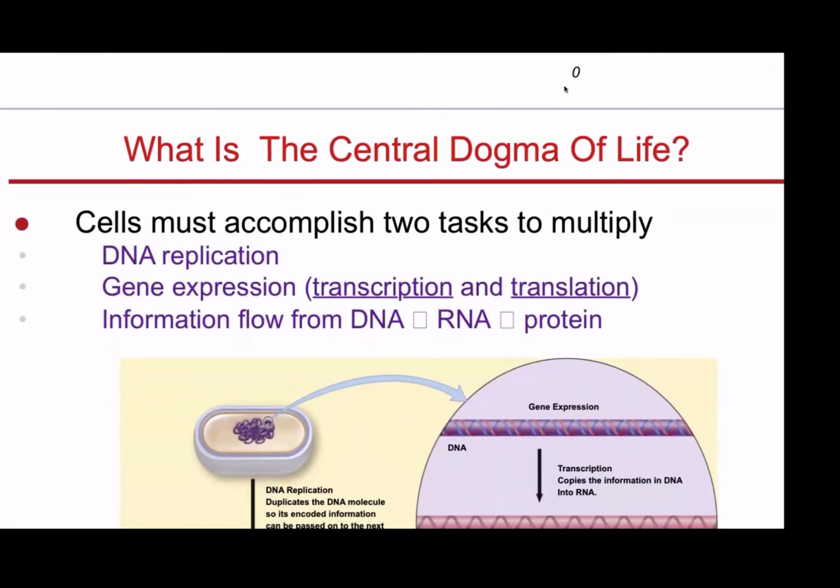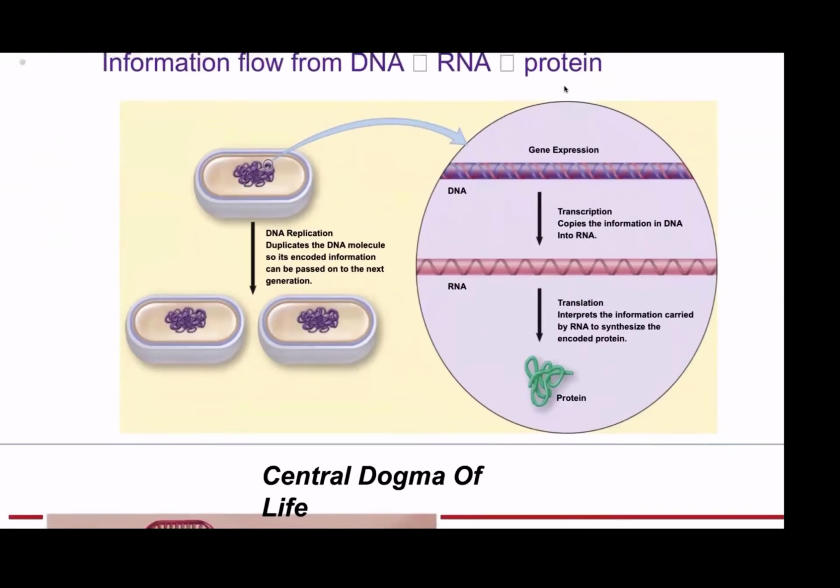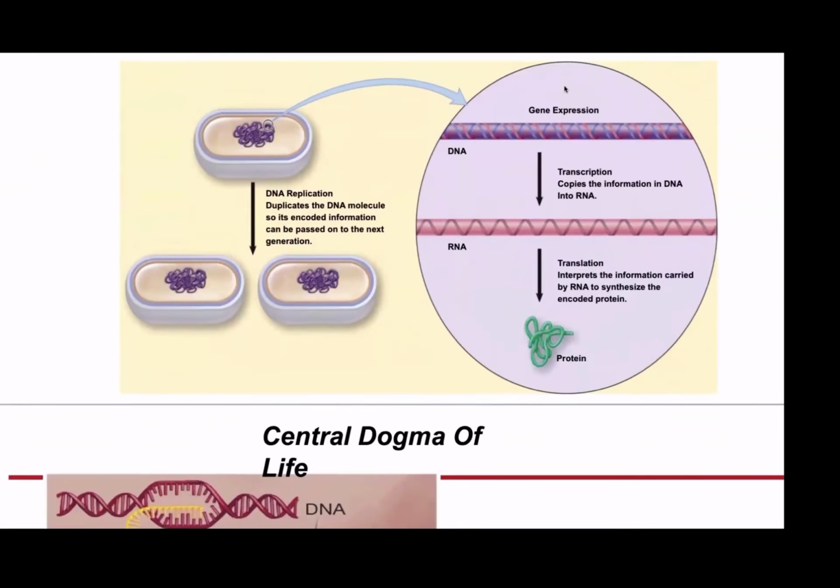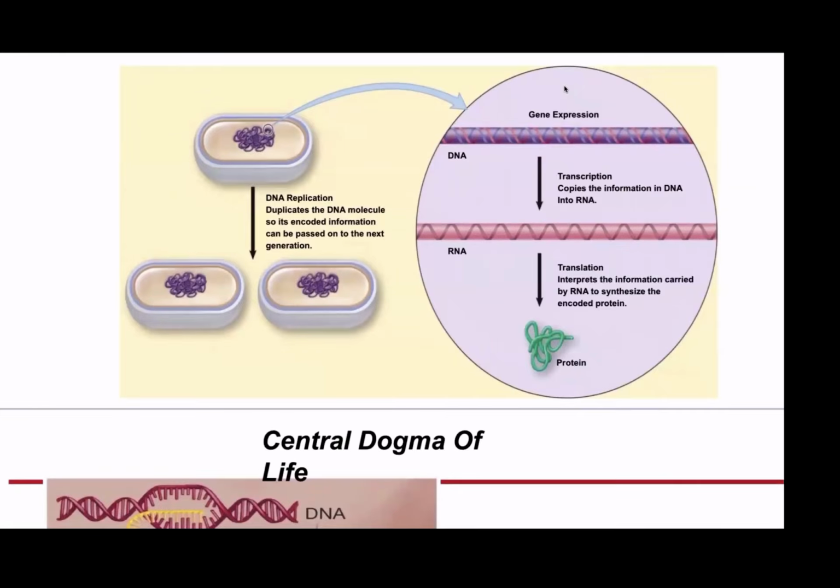What is the central dogma of life? It says that information goes from DNA to RNA to protein. In the beginning, when we didn't know that DNA carries the genes, many different labs were asking this question. In the end, they found a correlation: DNA always makes a copy of itself into RNA, and this process is known as transcription.